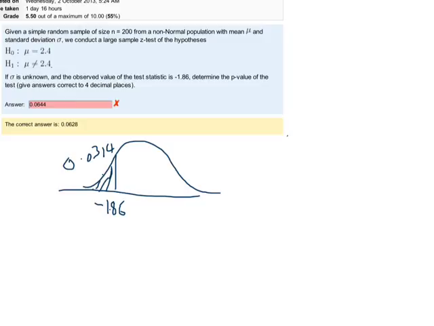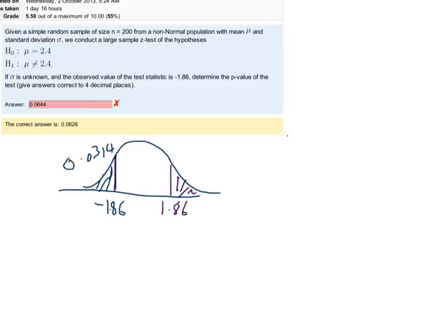So what we actually want is that one plus the equivalent on the other side, because we're looking for the two-tailed one, so we actually want the probability of it being more extreme than either 1.86 or negative 1.86.